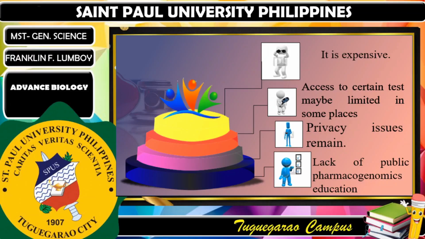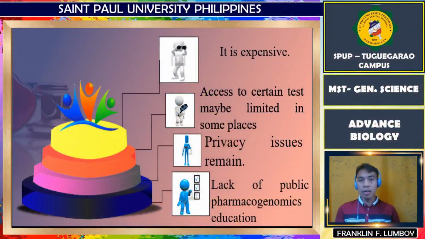There is also a debate of whether the effects of genetic variation on drug therapies are significant compared to other factors, such as lifestyle, environment, and interactions between different drugs. Aside from the scientific challenges, there are other obstacles preventing pharmacogenomics from being more widespread.